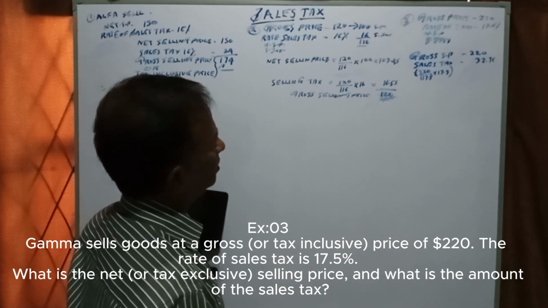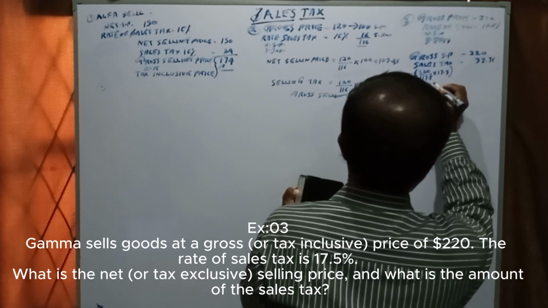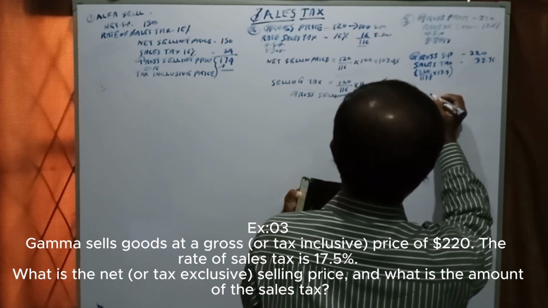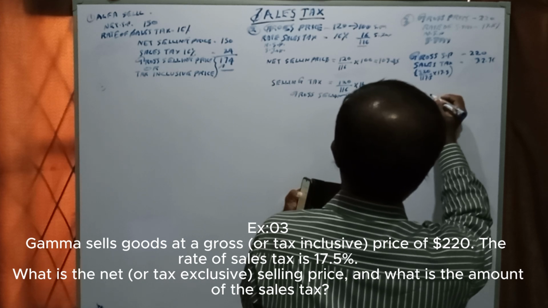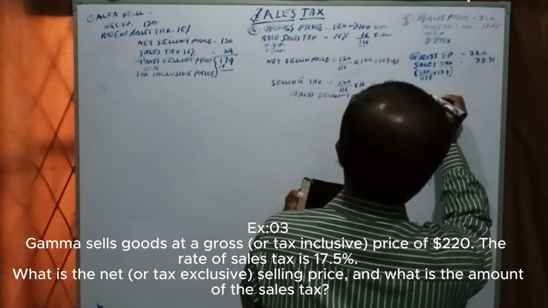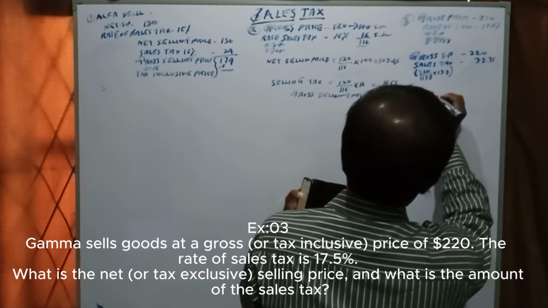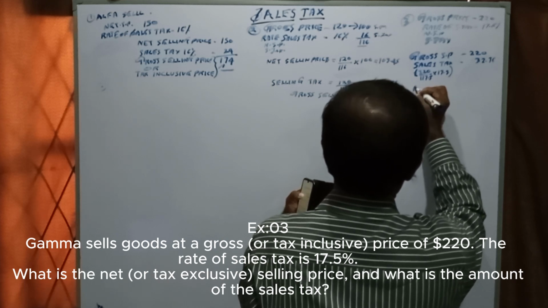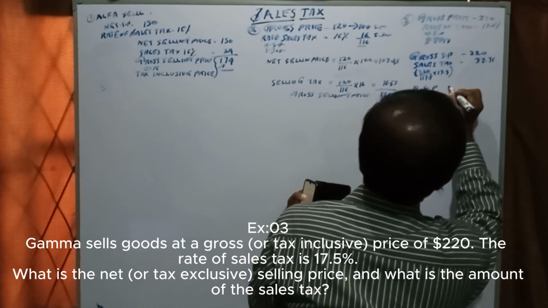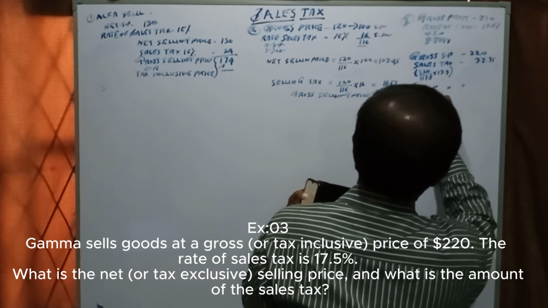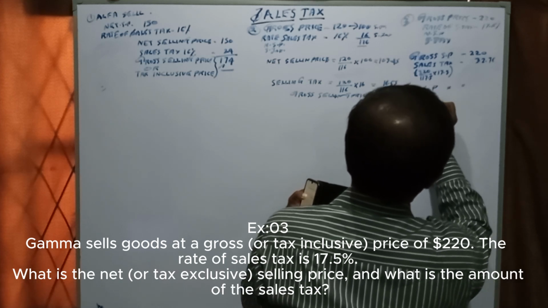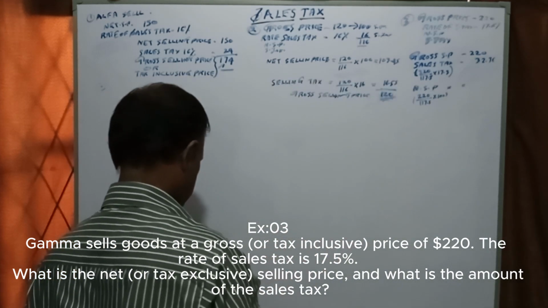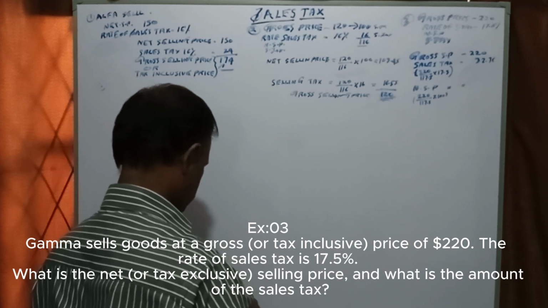Then what is the net selling price? Net selling price equal to 220 divided by 117.5 into 100, which is 187.24.